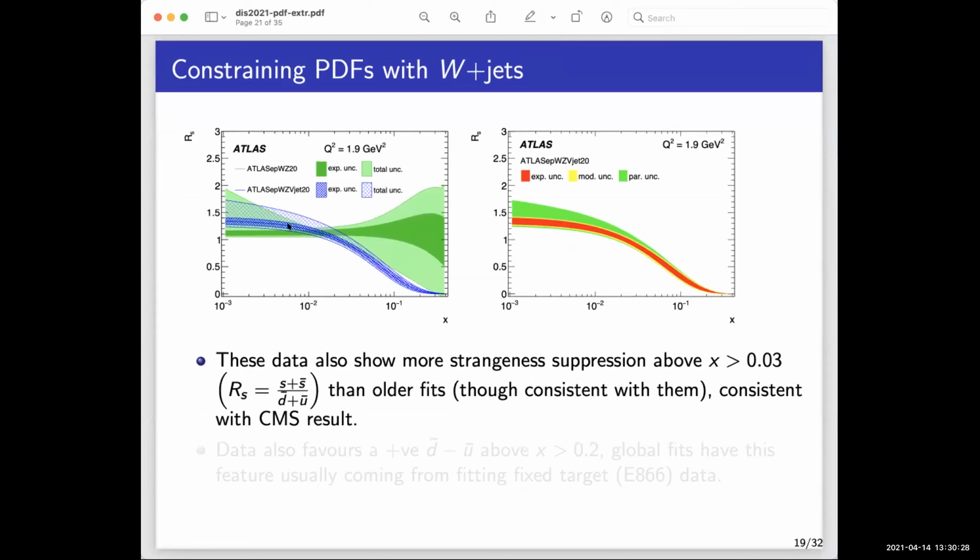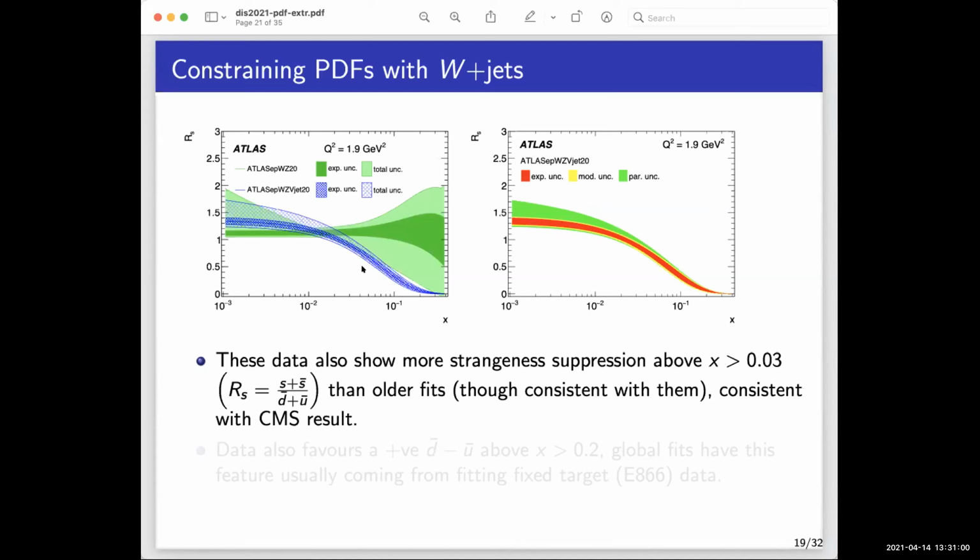So if you look in the top left here, we look at the usual RS ratio of the strange over the D bar and U bar, and what you can see here is the new WZ fit, the blue, is falling down a lot more, and this uncertainty is much smaller than in the fit which is just using the inclusive data, which still favors this higher unsuppressed strange, but has very large uncertainties from the parameterization uncertainty.